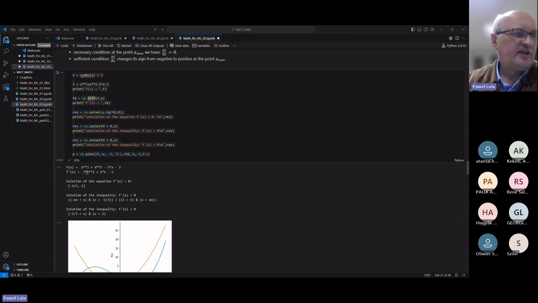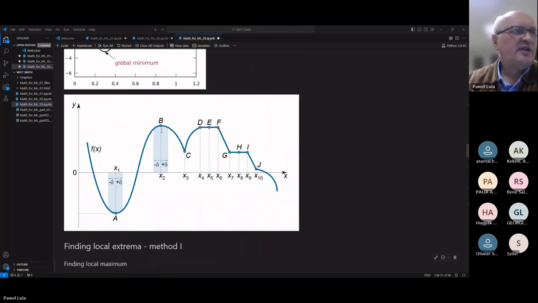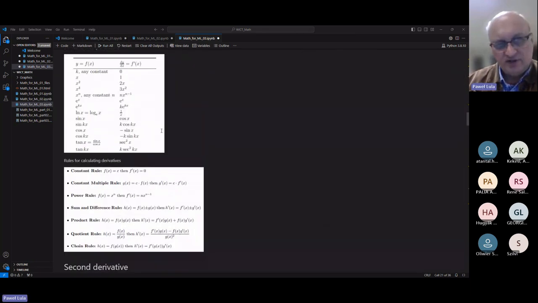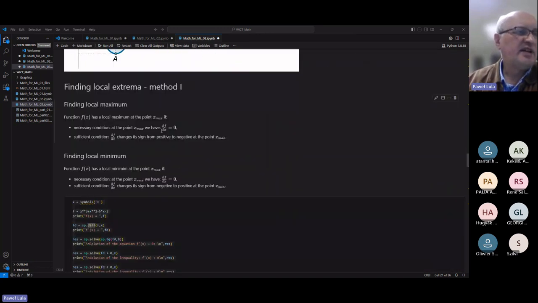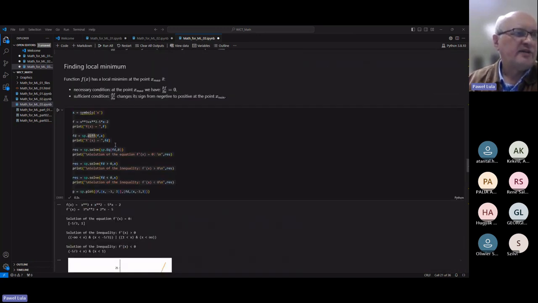We see it here: 3 multiplied by x to the second power plus 2 multiplied by x minus 5. Using these rules which we had here, we can obtain the same results. But here, it was calculated automatically. So I have a function describing values for the first derivative at a given point.